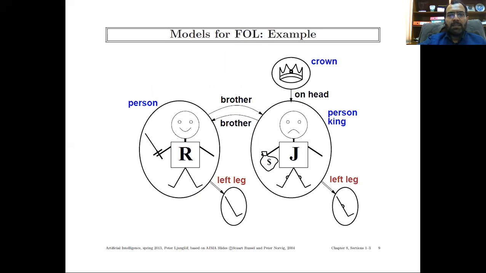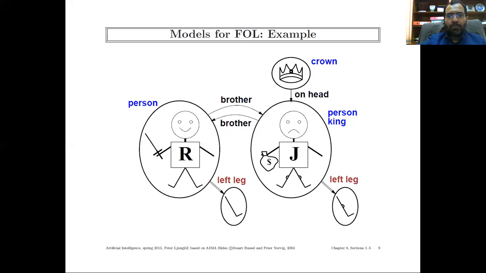You can see by the arrow that R is a brother of J, J is the brother of R. That is the relationship between R and J. So I can write brother bracket R comma J. R itself is a person and J itself is also a person. So both are persons. So I can write person bracket R and I can also write person bracket J.